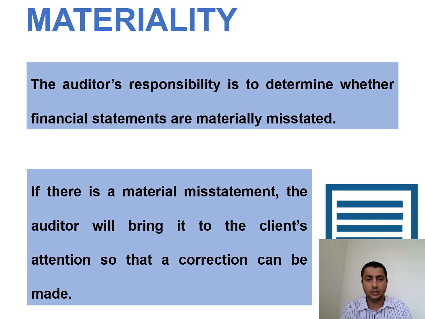If the auditor finds any material misstatement, the auditor is responsible to bring this material misstatement to the client's attention so they can correct it. If they refuse, then the auditor will start to shape their audit report according to the situation.